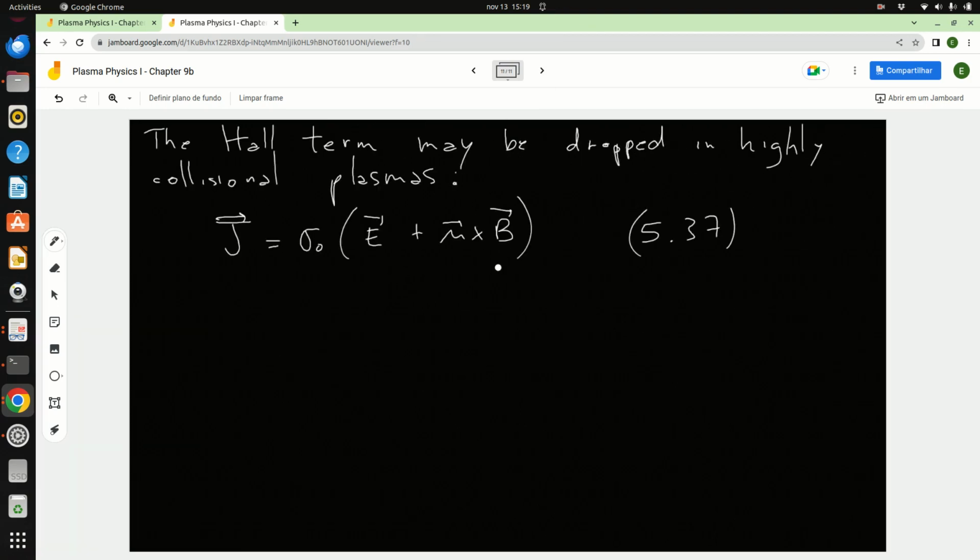If you don't have an external background magnetic field, then if B is equal to 0, then J is just this. You know this, it's Ohm's law.